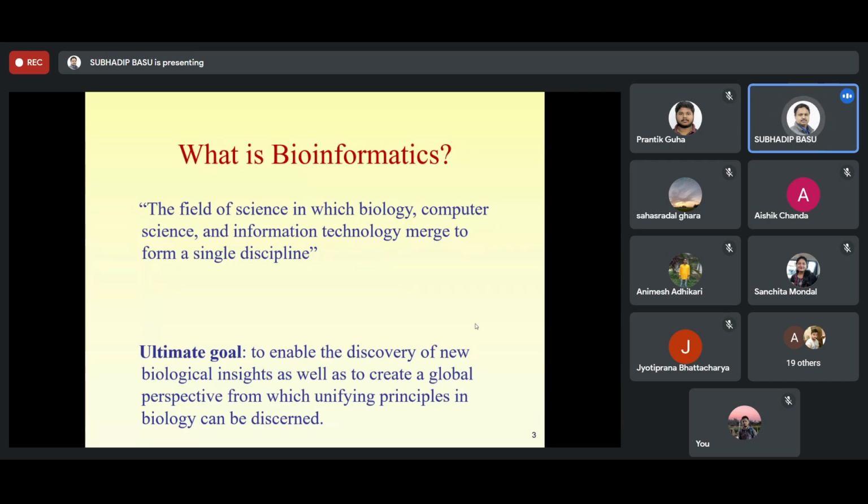Okay, so everything is meaningful. This is the ultimate goal: the discovery of new biological insight, as well as to create a global perspective from which unifying principles in biology can be discerned.